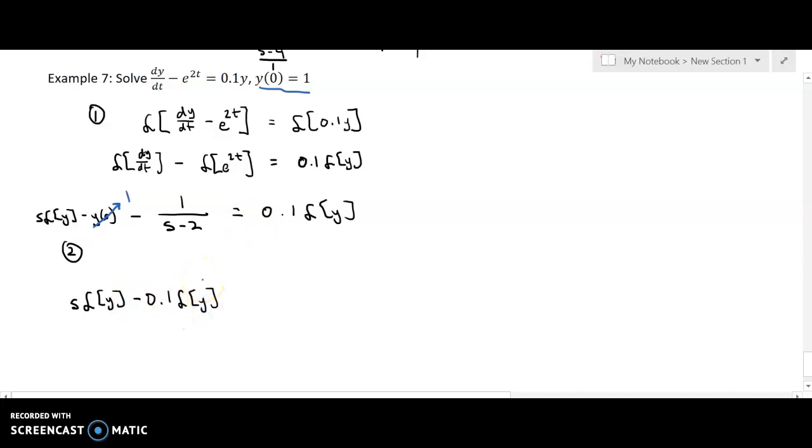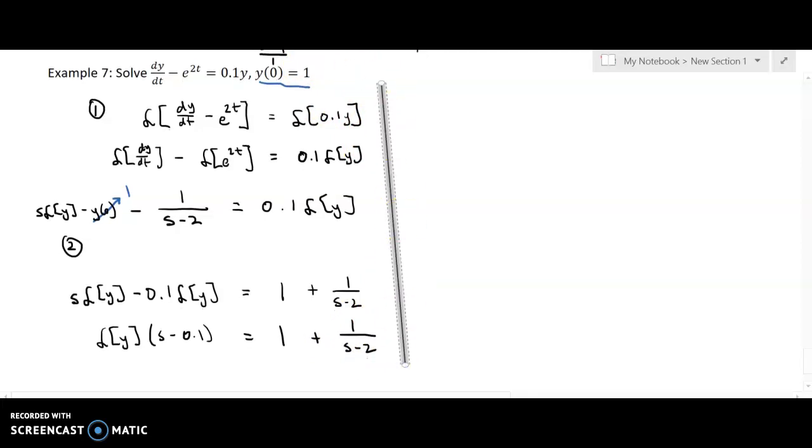It's like x. We're solving for x here. And we're going to move the minus 1 to the right, so it's going to become a plus 1, and add 1 over s minus 2 to the right. And here we go. Here's what we have. So to isolate Laplace of y, I'm going to factor it out. And I'm going to be left with s minus 0.1 equals 1 plus 1 over s minus 2.